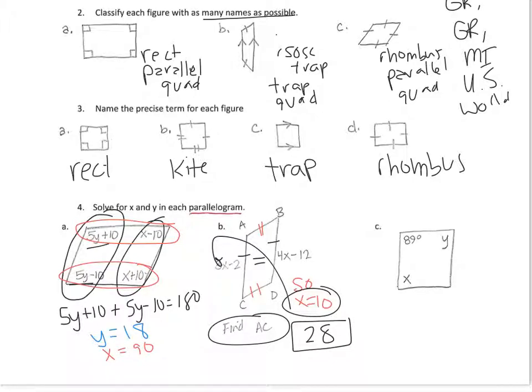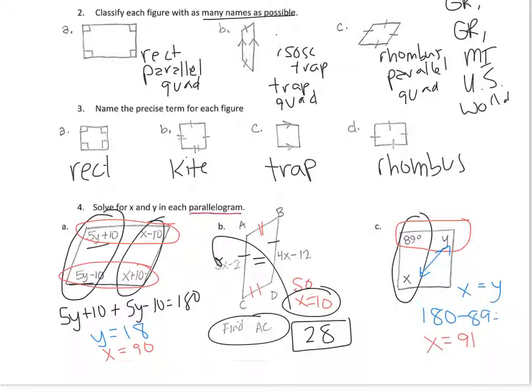And I know that same side angles add up to 180. These two add up to 180. And I know that the blue ones are equal. So x equals y in this case. So I do 180 minus 89 to get what x is. So x equals 91, therefore y is 91.